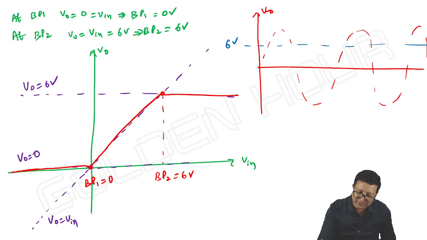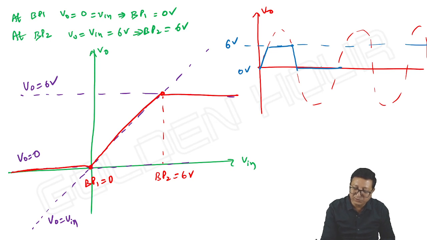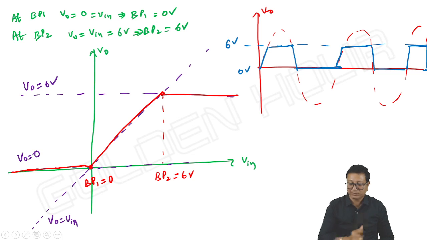Input is less than 6 volts, output is equal to input. Input is greater than 6 volts, output maximum is 6 volts. Next, between 0 volts and 6 volts, output follows input. When input is negative, simply output is 0. So ultimately we can see the output waveform this way.